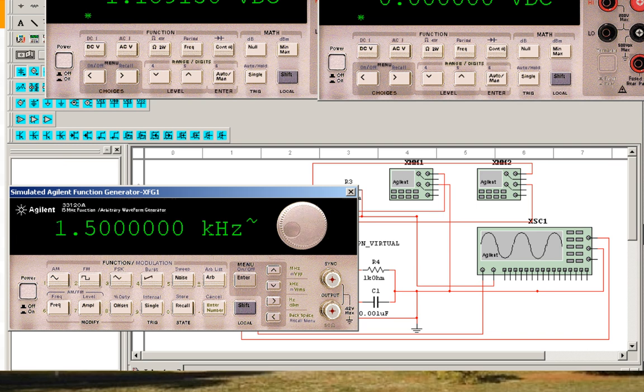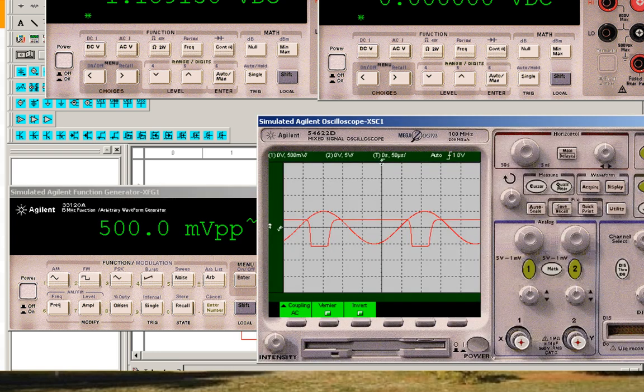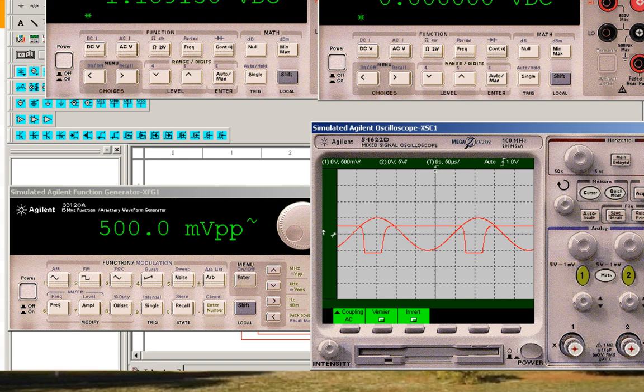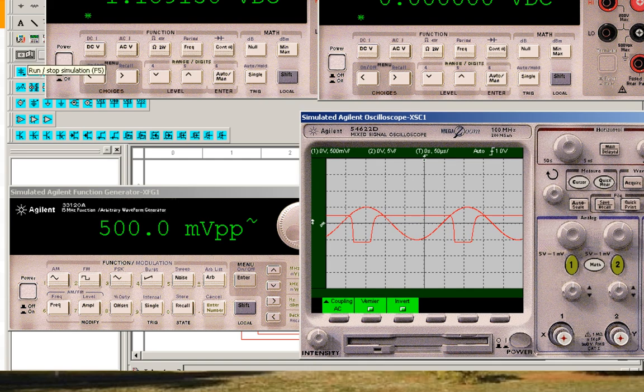Now we can change that to 1. Amplitude, let's set it back to 500 millivolts peak to peak. Bring the scope back up. Now we should see either 0.3 volts or 0.7 volts on this.